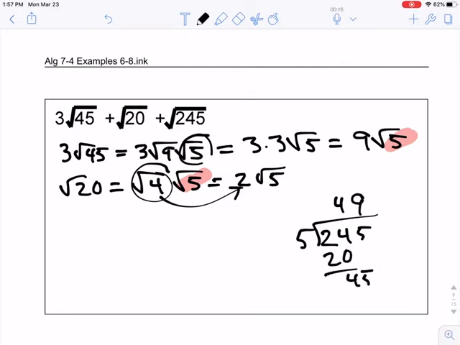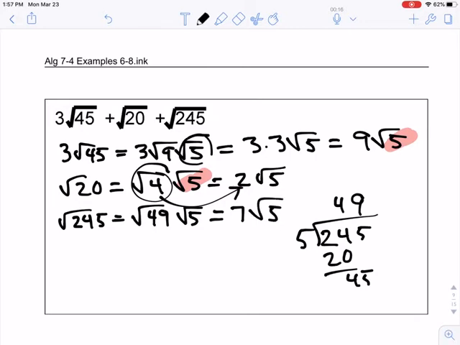Check that out. I get 49, which is perfect because 49 is a square number. So that breaks down to this. You can do this with a calculator if that works for you. That's absolutely fine. That will give you 7 times the square root of 5.